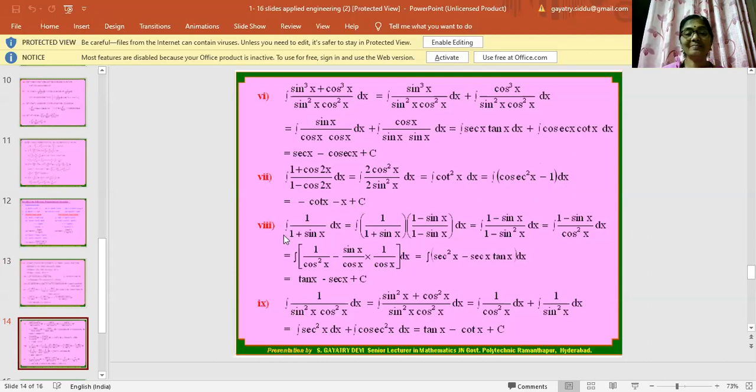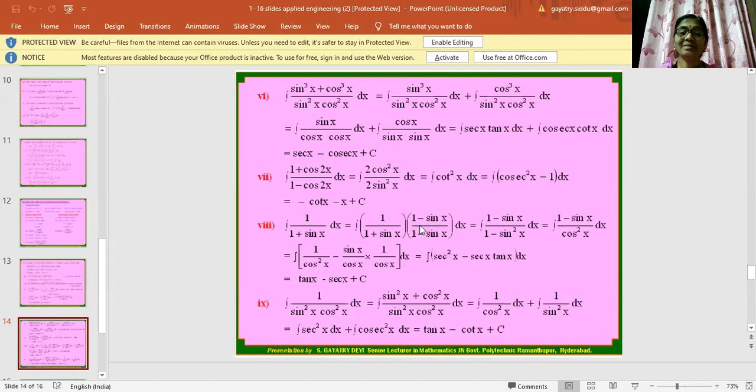Next one, integral of 1 by 1 plus sin x. You don't have anything in the numerator. You have only a denominator and you have to integrate, but there are no special formulas for fractions. That's why we have to take the help of the algebraic rationalization property.